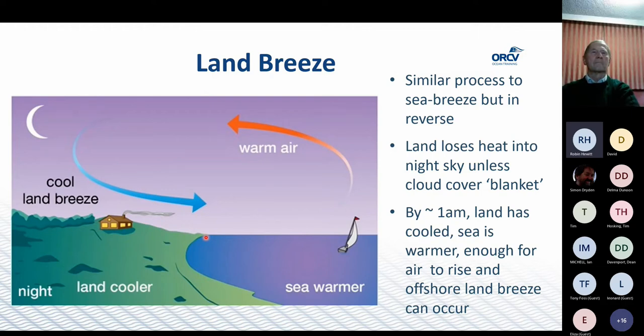So you need to get your boat close to the shore and keep an eye on what the depths are, of course. But the cold air is coming off the land and running out to sea in the circulation.